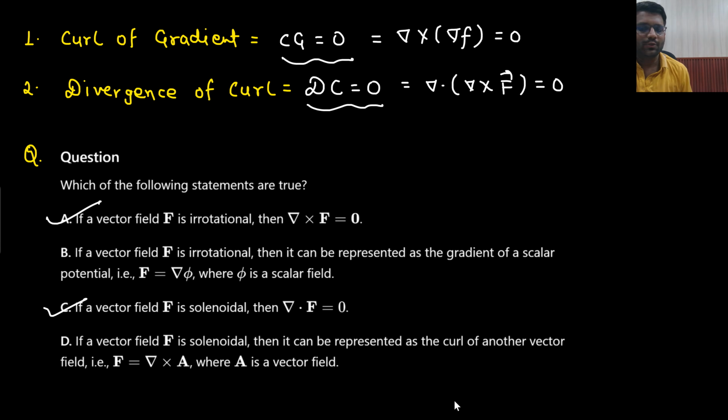Yeah, welcome back. So did you solve this question? Look, what is given? Vector field F is irrotational. If F is irrotational, then you already know that del cross F equals 0.